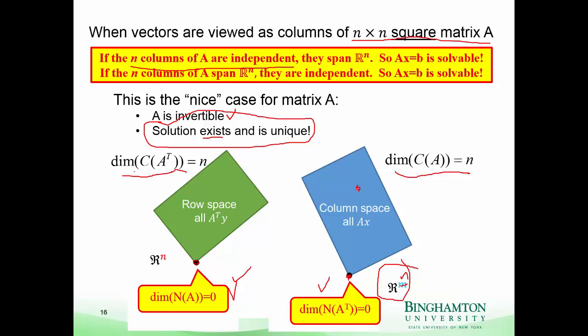And where will the solution be? So you pick anything. This is in the entire space now. The column space spans the entire space. So there will be some vector over here, x, that will map over to that. Are there any others? No, there are no others because the null space is 0. So not only does a solution always exist regardless of which b I pick, but the solution is unique.